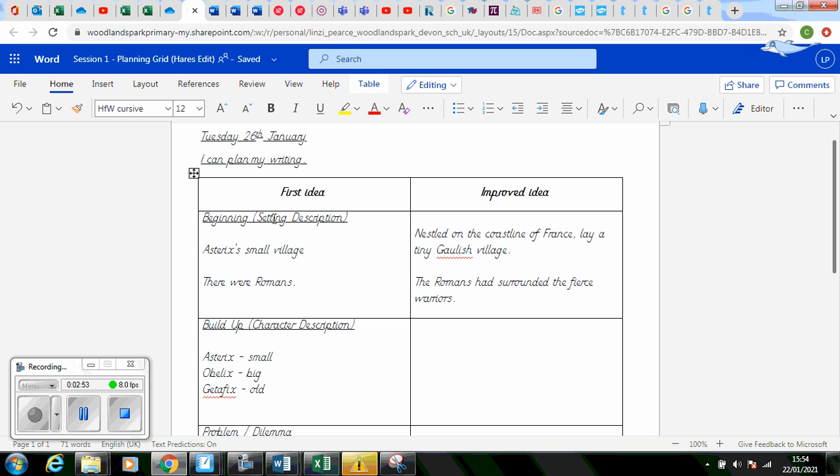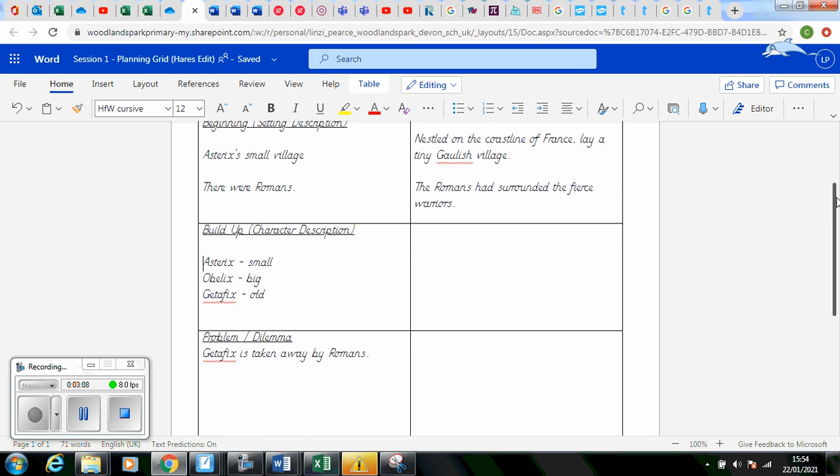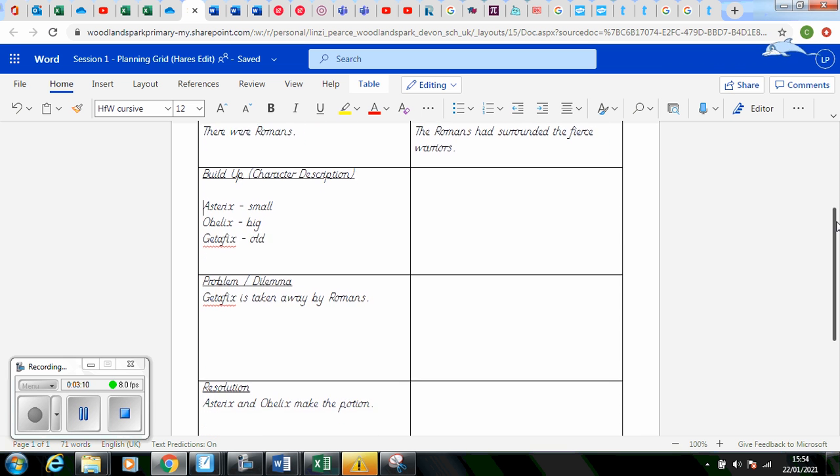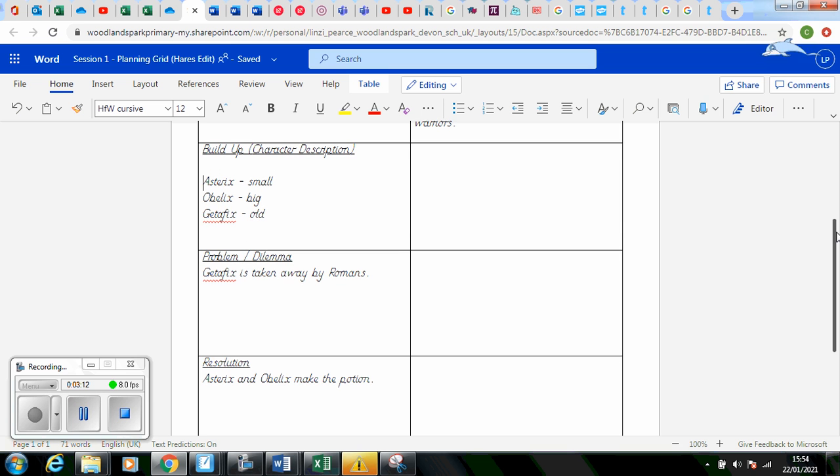We've got Asterix's small village. That's one of the settings. And we've got a note that there were Romans. Okay, in the build-up, I've just jotted down 3 characters. You might include more. You might put Caligula Minus in there. Okay.